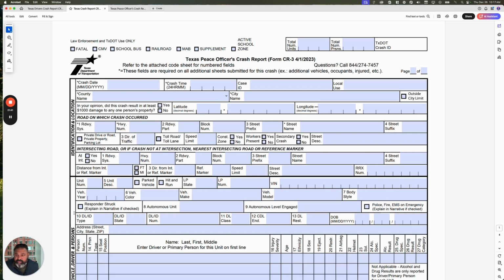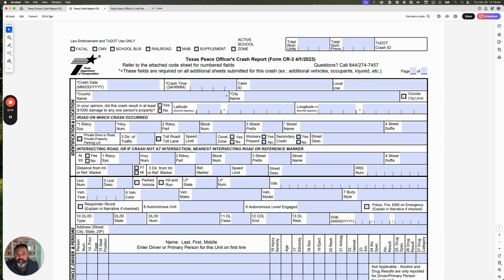One of the things that may have jumped out to you already is where the numbers are on this crash report form. So for example, you'll see that there are pieces of information that are being gathered and there's no number next to it, yet you're going to come across items where there's a number like roadway system, roadway part, etc. It's important to understand, to decode what these accident reports mean, you need the code sheet, and you need to make sure the code sheet corresponds to the report that you're looking at.